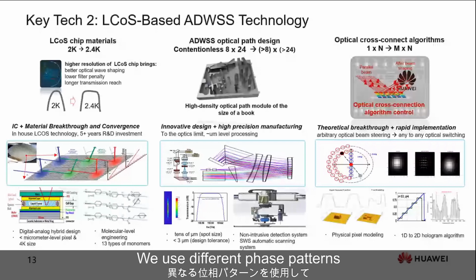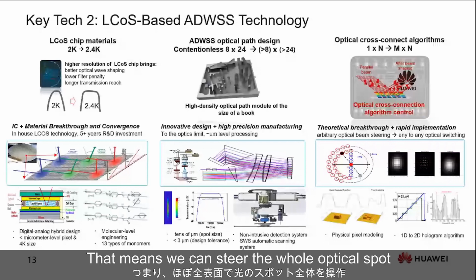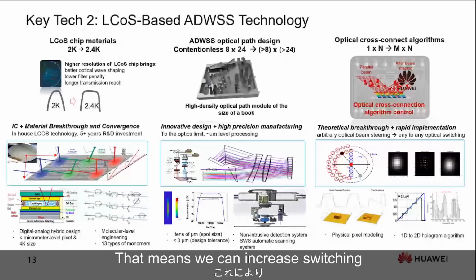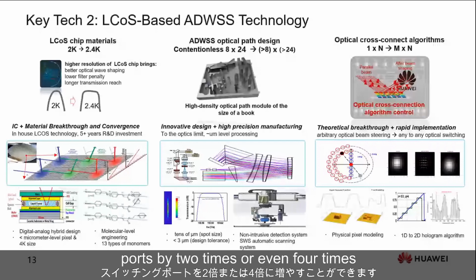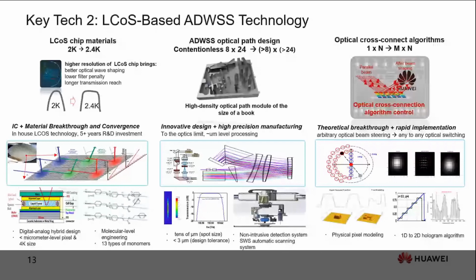We use different phase patterns to make different beam steering. That means we can steer the optical spot across the whole surface, so we can increase the switching ports, even 2 times or 4 times. This is basic for the OXC system.